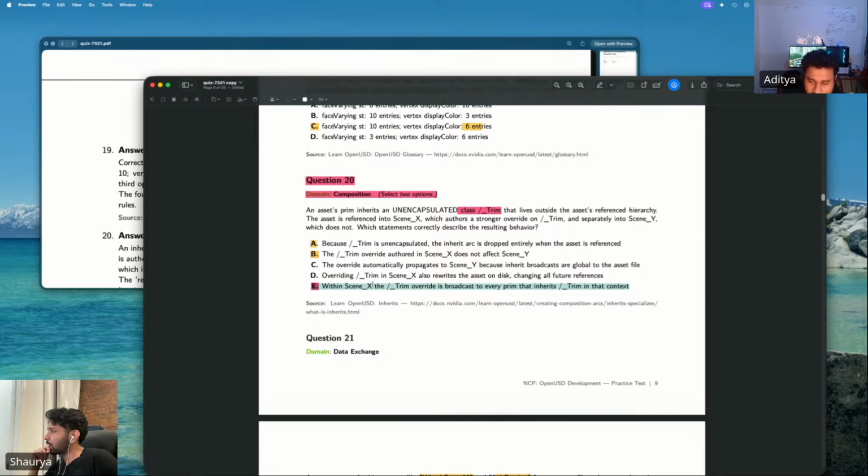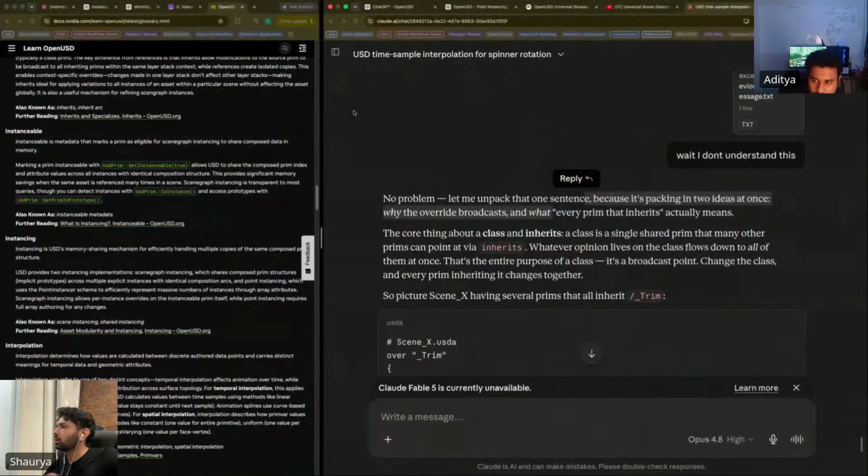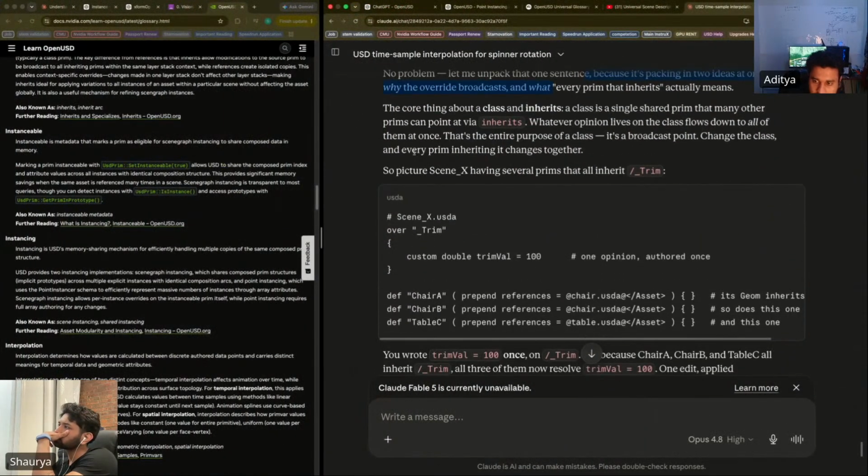So you first inherit the asset from a different file, then you load it into a CNX file, and there you can use over trim.